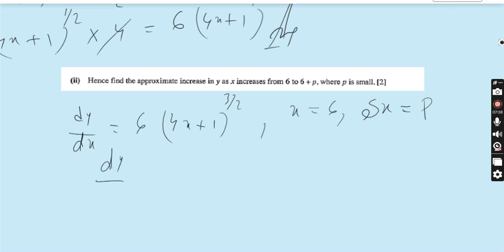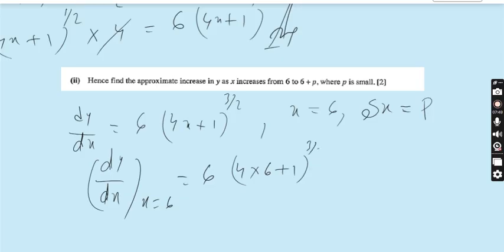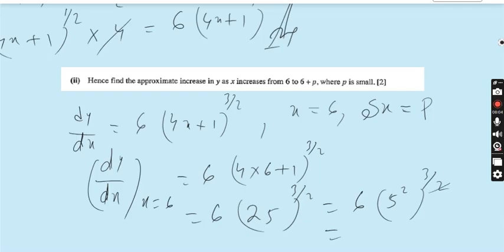So evaluate dy by dx at x equals 6. 6 into (4 into 6 plus 1) power 3 upon 2. 4 6s are 24 plus 1 is 25, power 3 upon 2. 25 can be written as 5 squared, power 3 upon 2. 2 cancels. 6 into 5 cubed is 125.